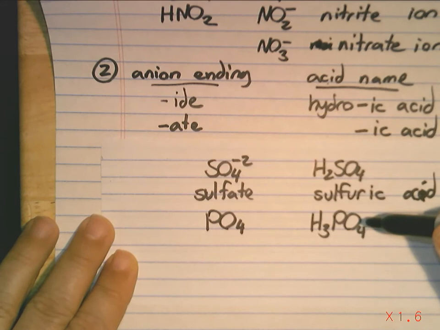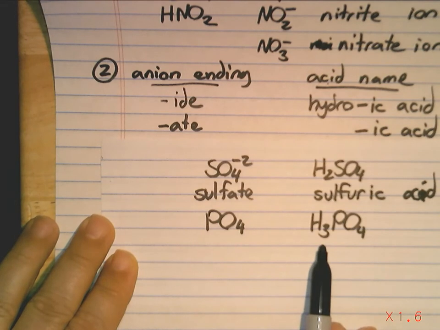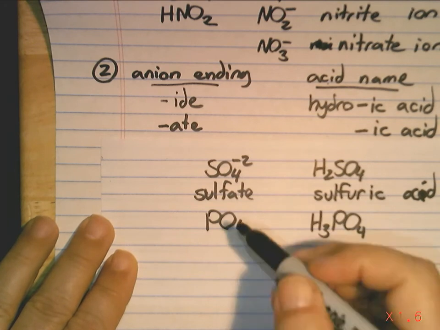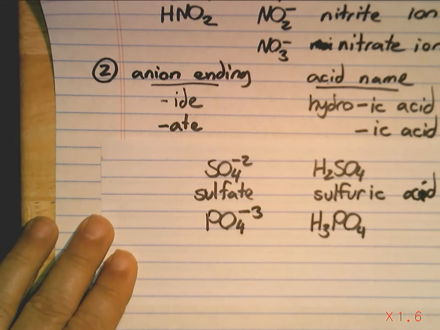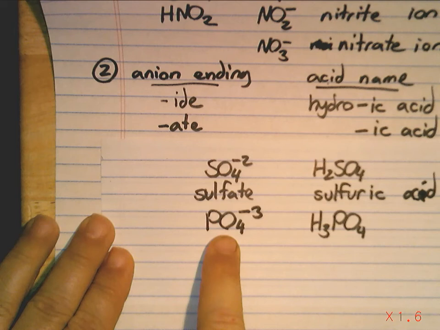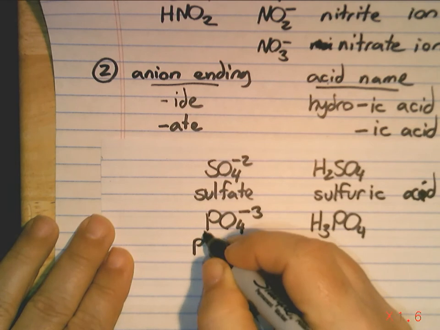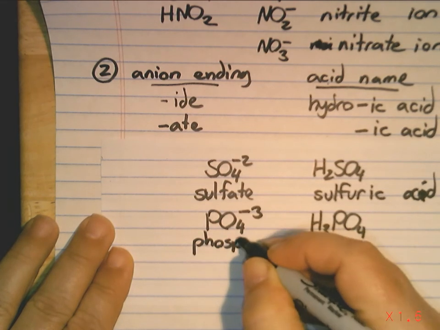Even if you don't know your polyatomic ion table, what would the charge on a PO4 be? Well, you reason it out like this. You're going to pull 3 H pluses off of this. And that means that there has to be a PO4 minus 3 left behind. From your polyatomic ion list, what's the name of this? That would be a good test question. It's phosphate.